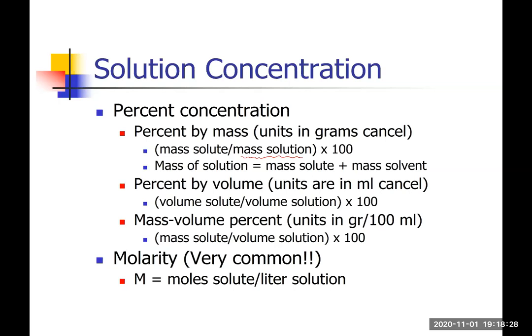And then we have mass volume percent, where we can have units in grams per 100 mL. So the mass of the solute is in grams, the volume of the solution is in mLs, and so those units don't cross cancel. We multiply that times 100, but by convention, we just write that that is a percentage. So we use units of percentage.